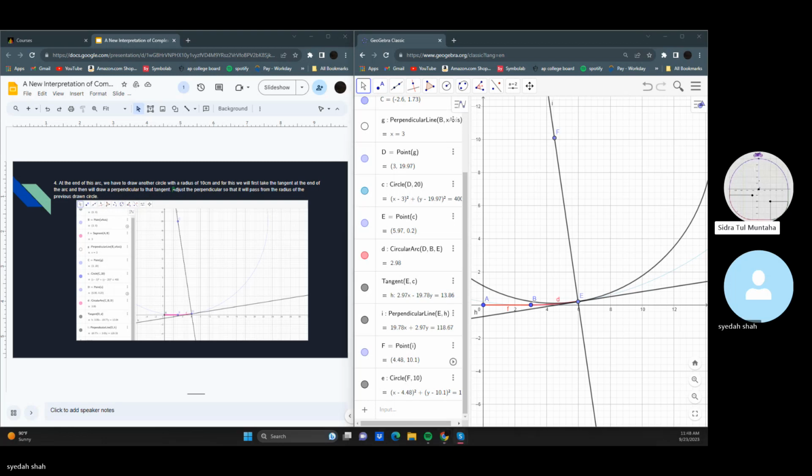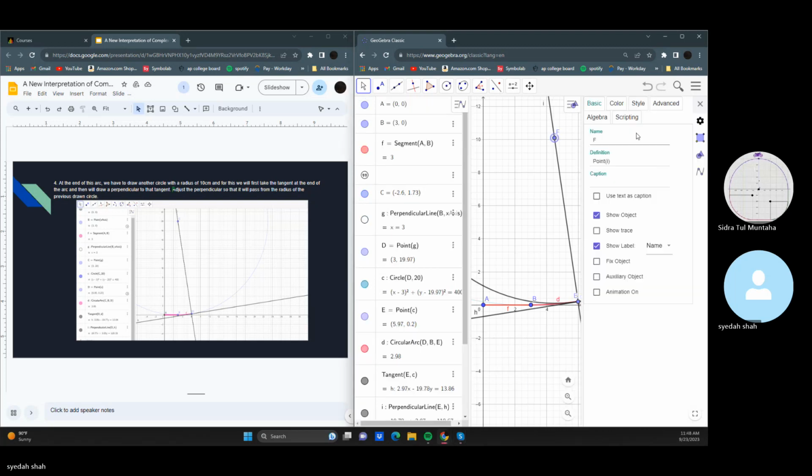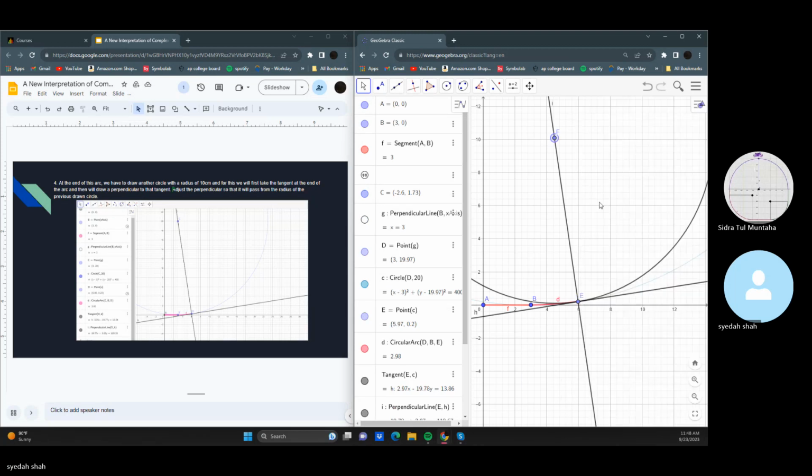And also you can lock this point F here. Okay, it is locked.